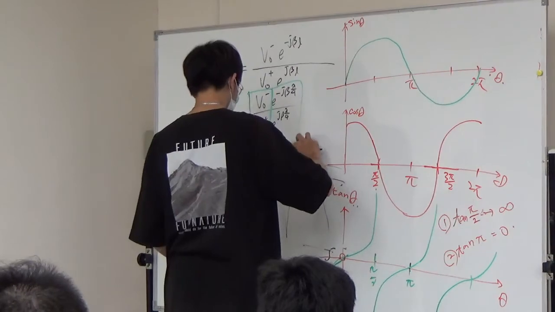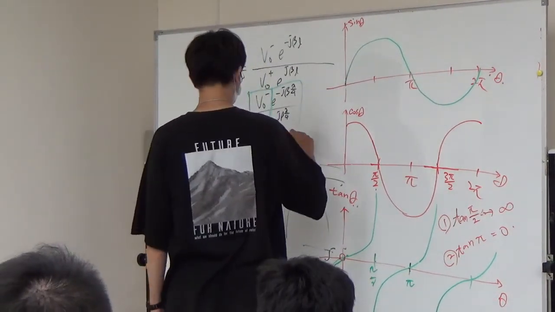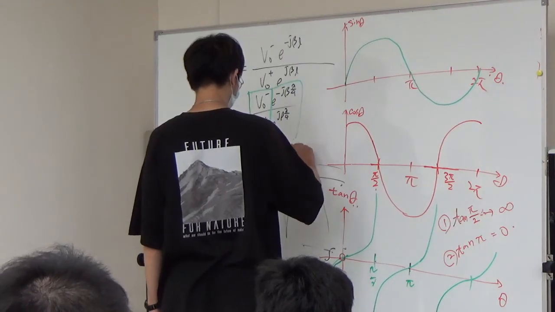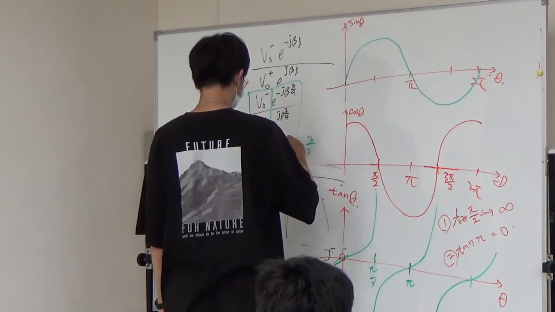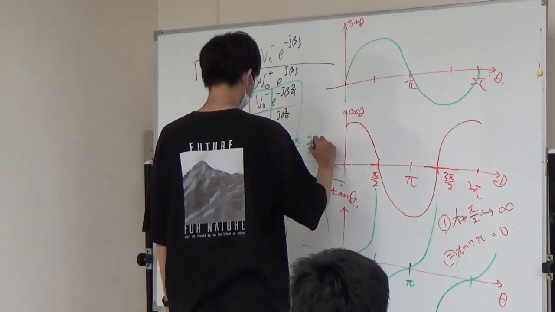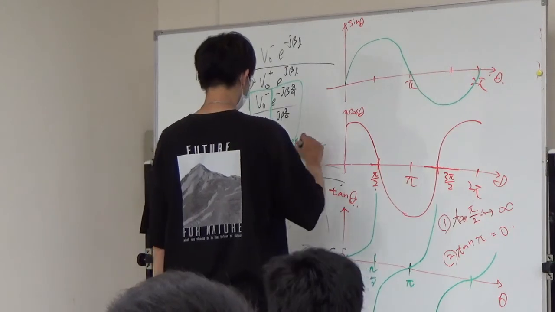Beta is what you can control, right? Don't forget your j and 2. You have 2, right? Oh yeah, okay.